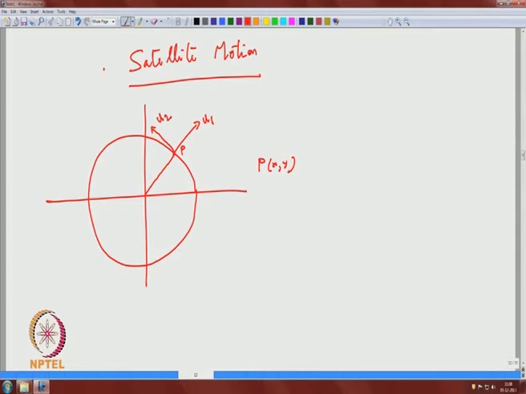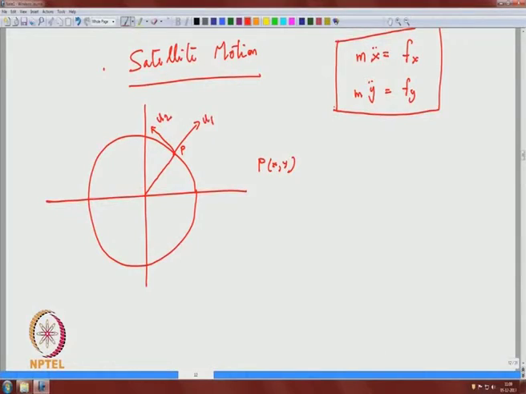In the satellite problem, in addition to the model, you also have to study control problems. The equations may look like this: m x double dot is equal to f of x, and m y double dot is equal to f of y.